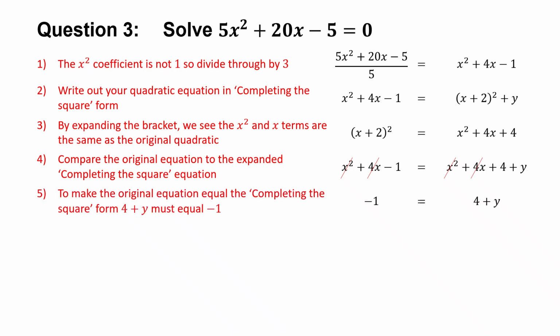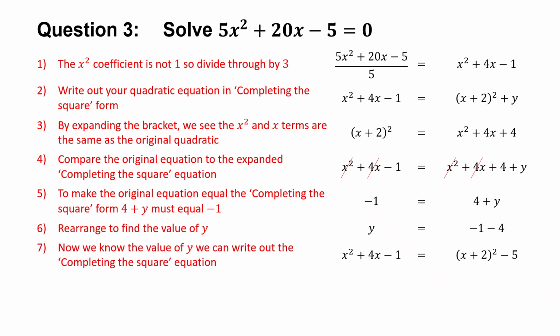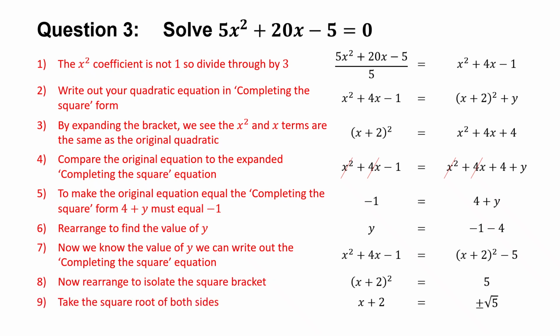So we get that minus 1 is equal to 4 plus y, which says that y is equal to minus 1 minus 4, which is minus 5. So this original expression in completing the square form is (x plus 2) squared minus 5. And now when we rearrange to isolate x, we're going to get that x is equal to plus or minus root 5 minus 2.